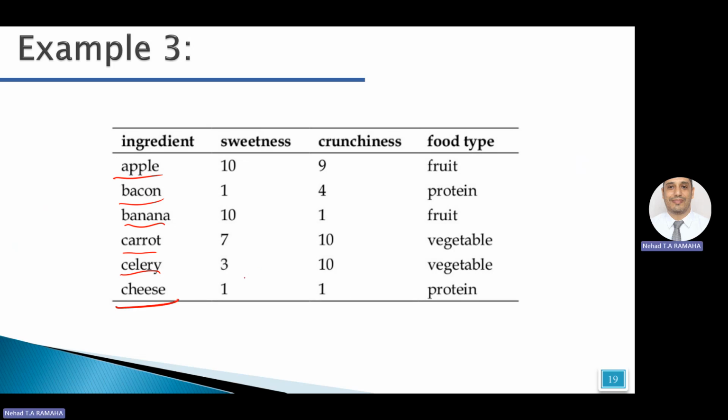Okay, so we have some food here, and we have the features: sweetness, crunchiness. Then we have the class here, which is the food type: fruit, protein, vegetable, protein, and so on.